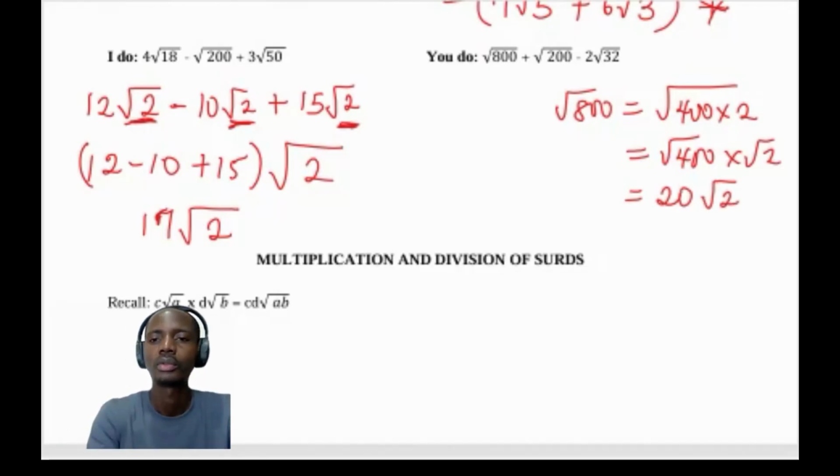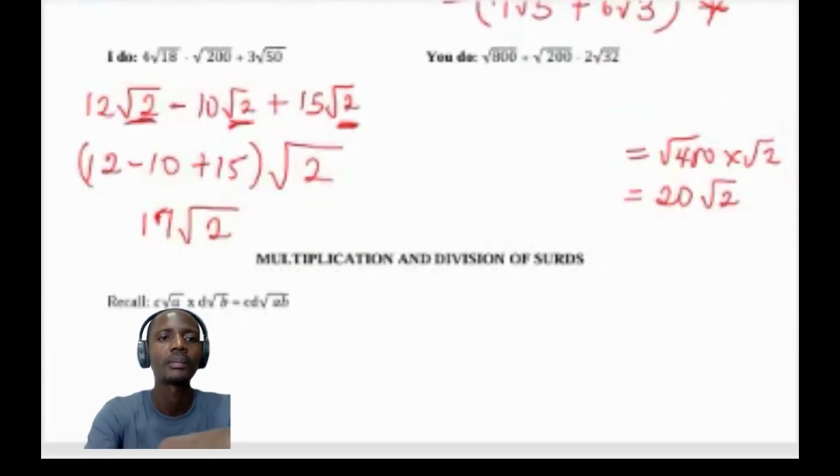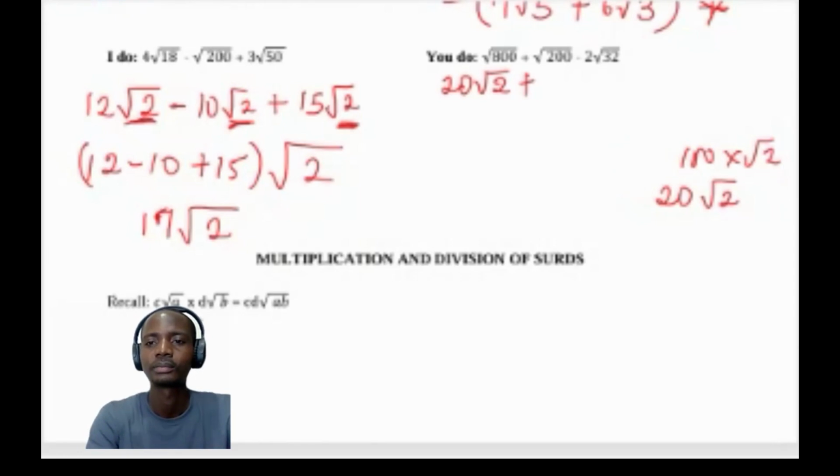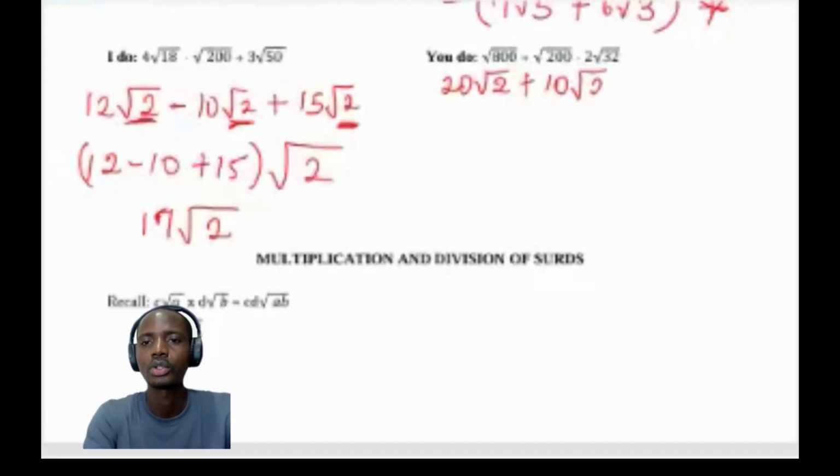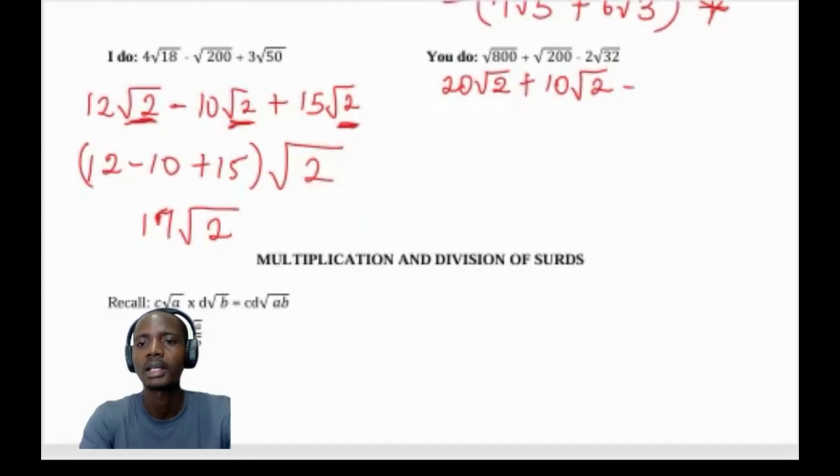So root 800 can be written as 20 root 2 plus, now root 200, that's quite easy. So that is 10 root 2. I believe you know how we got that. 10 root 2, because 100 times 2, then square root of 100, that's 10 root 2, minus, now 2 root 32.